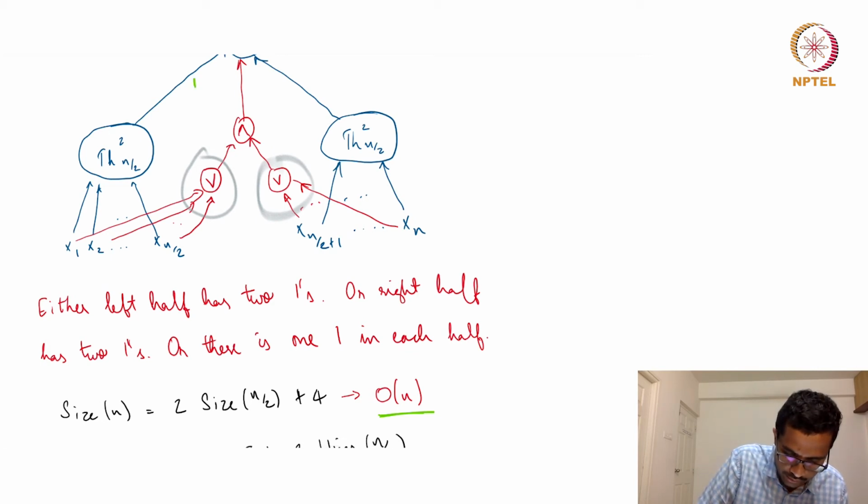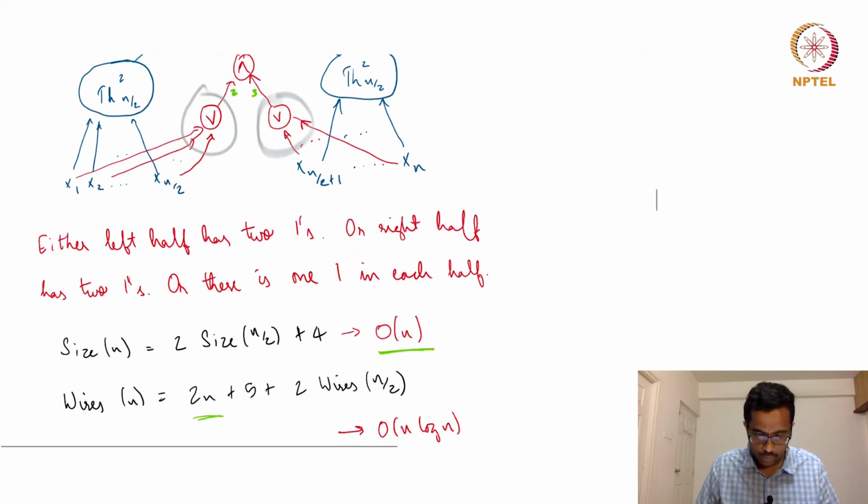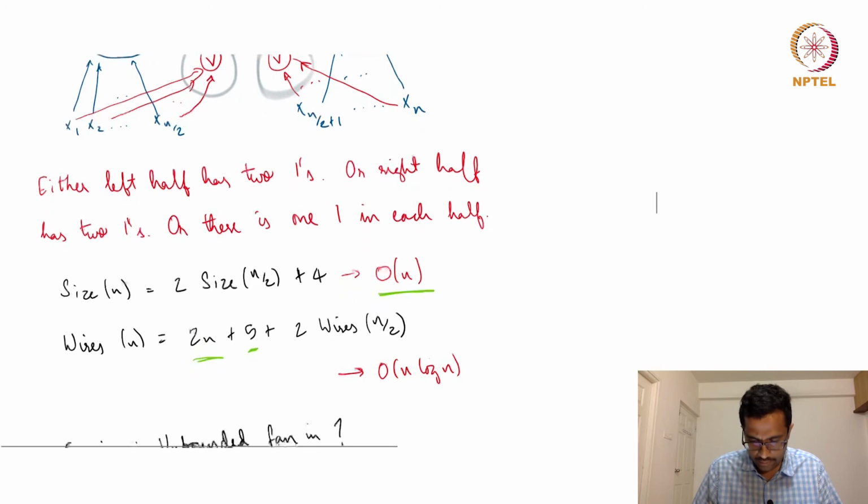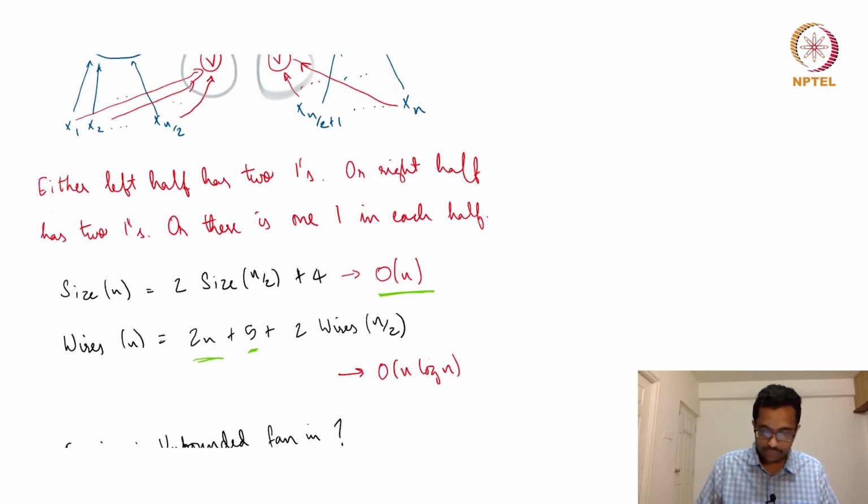There is 1, 2, 3, 4, 5. So 2n plus 5. And then there are whatever wires are inside each of these threshold n by 2 gates, so 2 times the wires of n by 2, which is basically the recursive call. And if you work that out, you will get order n log n.